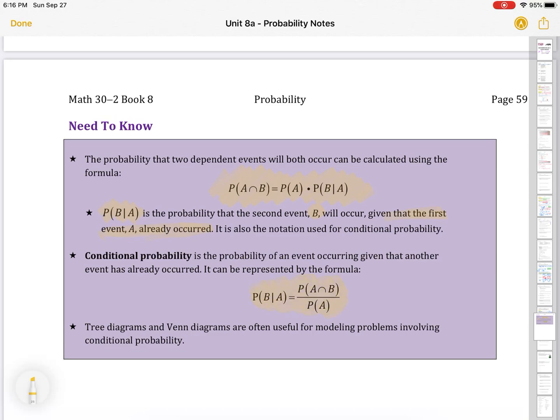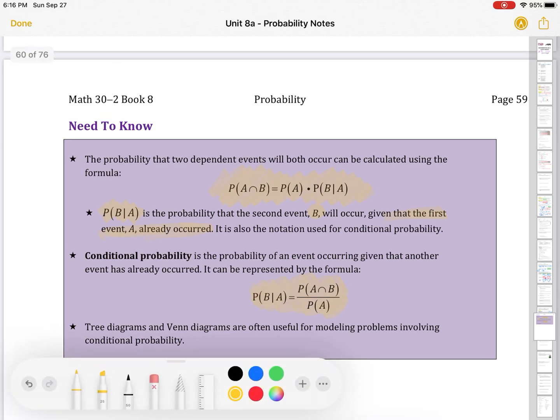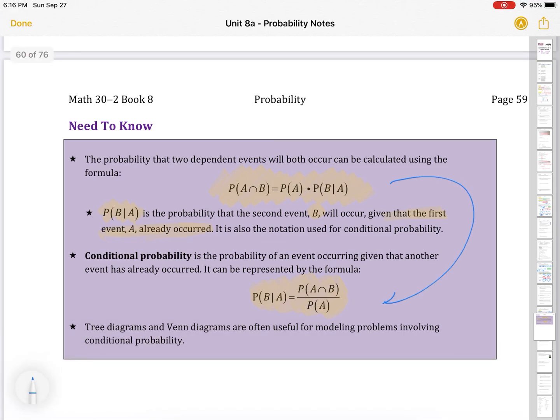Conditional probability is the probability of an event occurring given that another event has already occurred. And we can use this formula, which is just a rearrangement. These are actually the exact same formulas, just rearranged. It's good to use things like tree diagrams. Those sports ones with the weather, I always use the tree diagram for those.